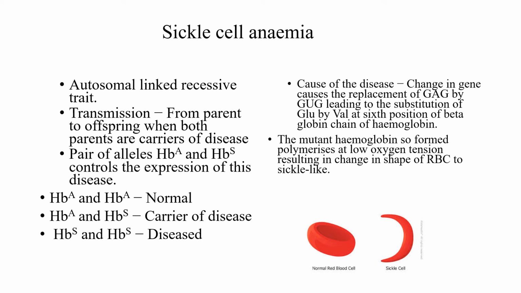You know, 3 letters code for one amino acid. Here the glutamic acid is replaced by valine at the 6th position of the beta globin chain of hemoglobin. So the mutant hemoglobin is formed, which polymerizes at low oxygen tension, resulting in change in shape of RBC to sickle shape.